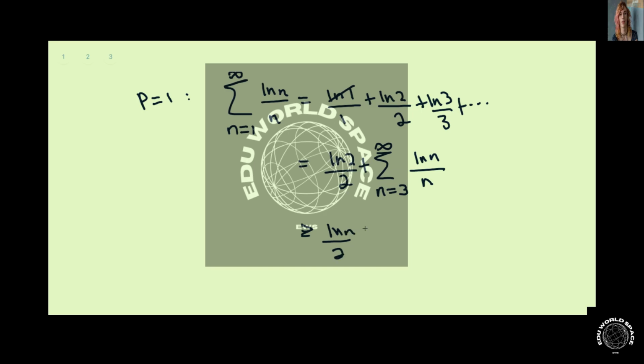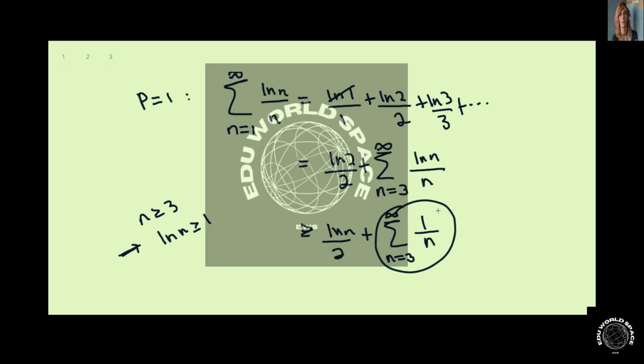If n is bigger than or equal to 3, then natural log of n will be bigger than or equal to 1. So this series is larger than the harmonic series. So here this diverges. You could either say harmonic series or just use the p-test with p equals 1.